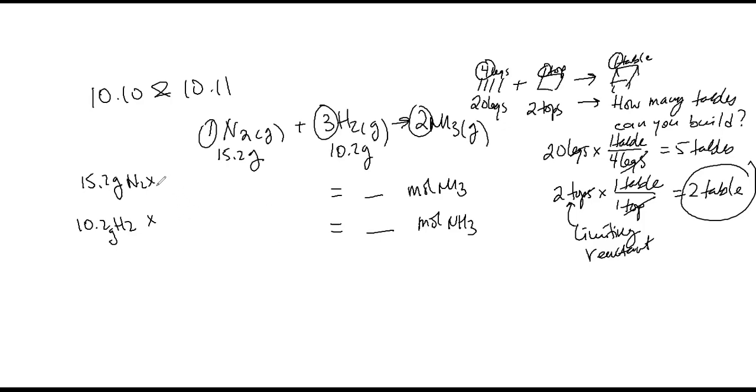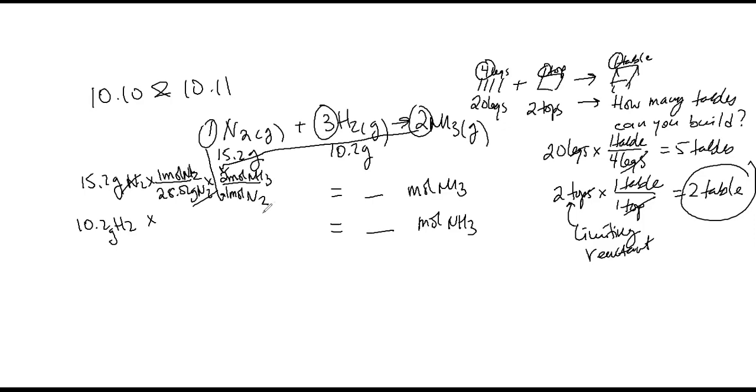All right, let's do it step by step. So I have 1 mole of N2, which is 28.02 grams of N2, times, canceled. And all you have to do now is say 1 mole of N2 produces 2 moles of NH3.